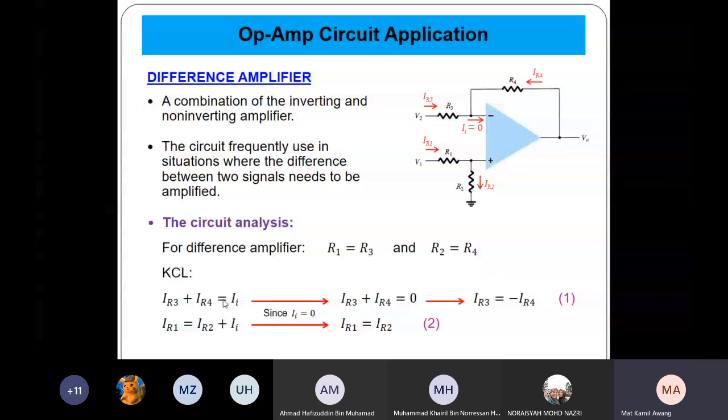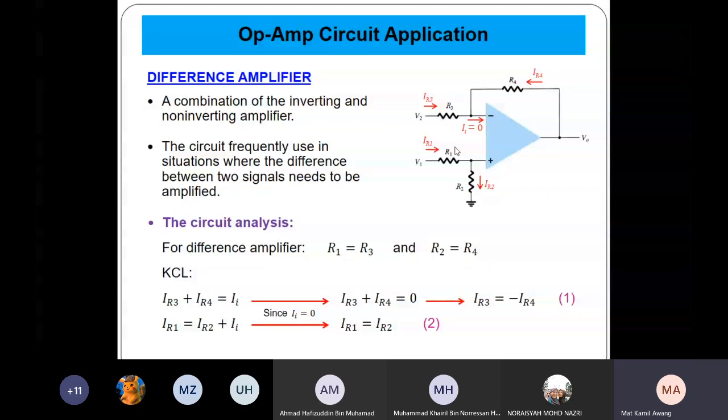So from Kirchhoff current law, you have IR3 plus IR4 plus I equal to 0. So you have this equation. And another one is that IR1 plus IR2 plus I equal to 0. So you get this.